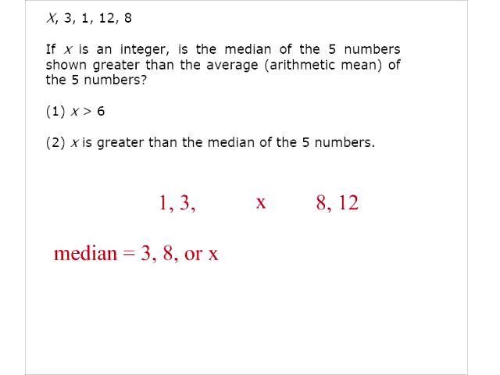What about our average? Since they want me to compare the median to the average, is there anything I can do before I look at the statements to think about what I know about the average so far? Okay, cool. People are saying to do the average, we're going to add this up and divide by 5.